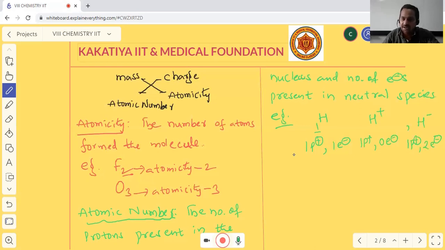The negative charge indicates 2 minuses and 1 positive, so the net charge is -1. This minus charge indicates that electrons are more than protons. A positive charge indicates that protons are more than electrons, which means electrons are fewer. That is the counting of electrons and protons.